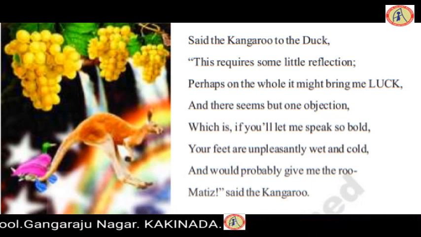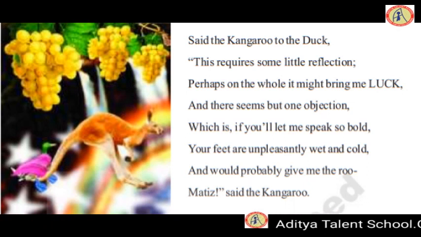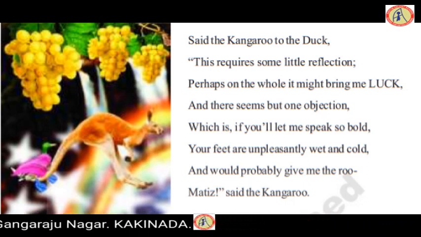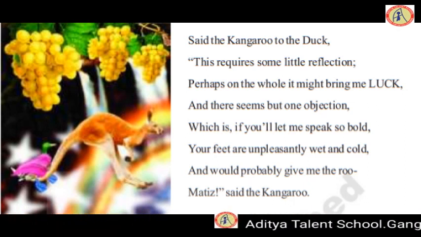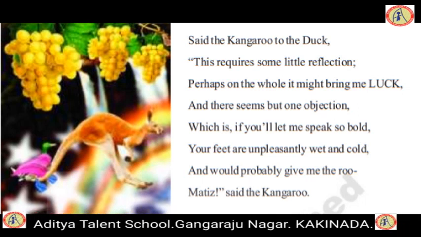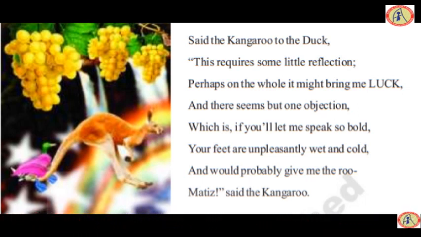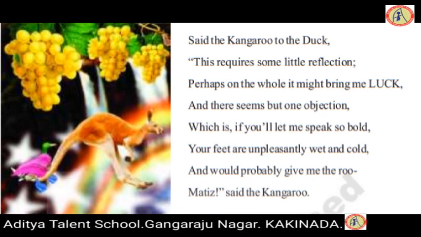And there seems but one objection. Objection means that the kangaroo wants to say something they may not like. If I speak straightly, what is the objection, which is, if you let me speak so bold, permit me to say, your feet are unpleasantly wet and cold. How are your feet?